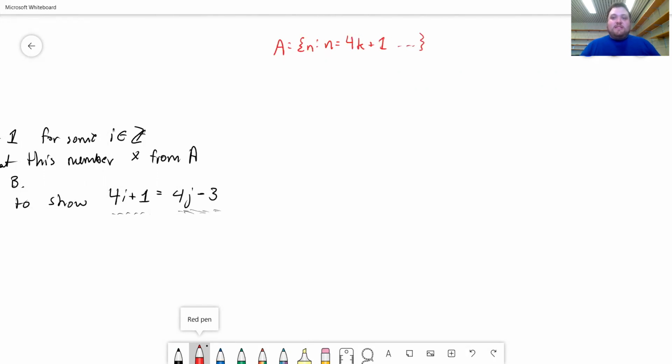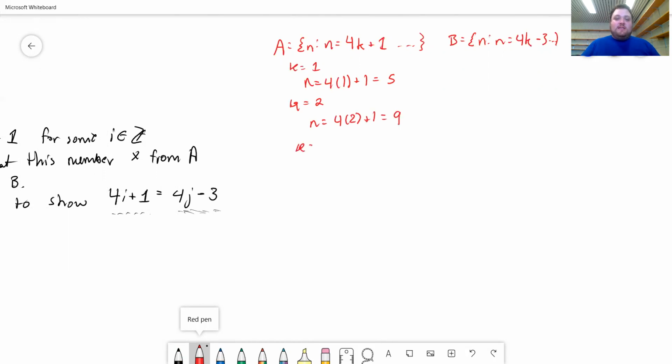And we have the requirements there. And B is n equals 4k minus 3. Okay, so if, let's say, k is equal to 1, then n would be 4 times 1 plus 1, which equals 5. If k is equal to 2, n is equal to 4 times 2 plus 1, which is 9.